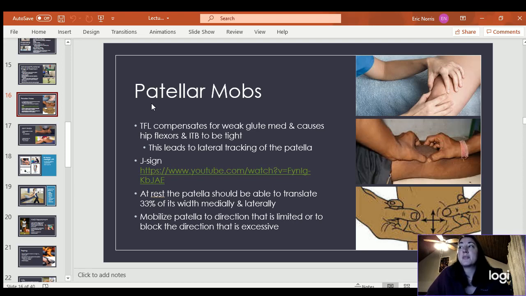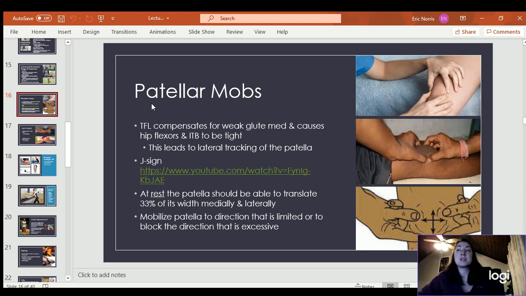So you'll put the patient in more of a slack position, so they're just kind of rested with their legs straight on the table, and move the patella back and forth to assess and determine how much movement the patella has. Typically, it should be able to translate or move about a third of its width to each side. But if it's been tracking laterally, then oftentimes as you're moving the patella itself, you'll notice that it's really tight and not able to move medially very much, but it has increased movement laterally.